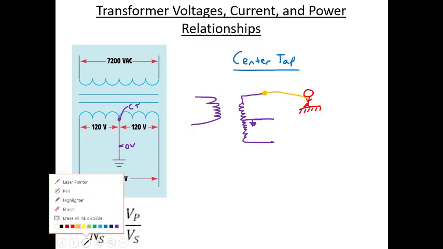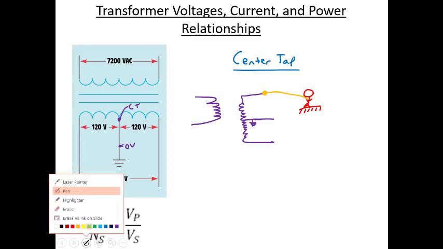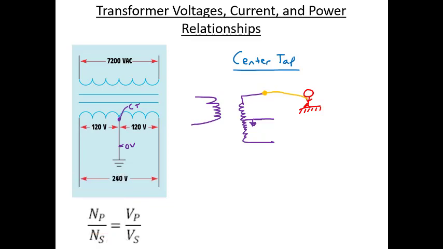What we would see is that they would have approximately 120 volts between the ground and this tap. So if they were touching this, they would get 120 volts.